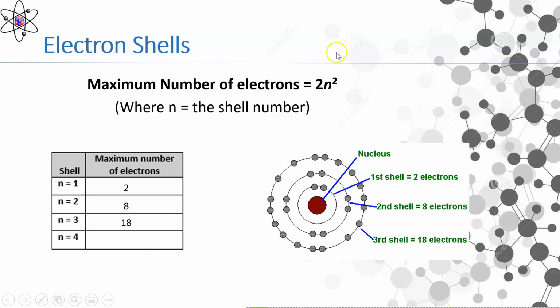Now n equals 4, so we've got 2 times 4 to the power of 2. 4 to the power of 2 is 4 times 4, which is 16, and 2 multiplied by 16 is 32. So that's how we work out the maximum number of electrons in those shells.